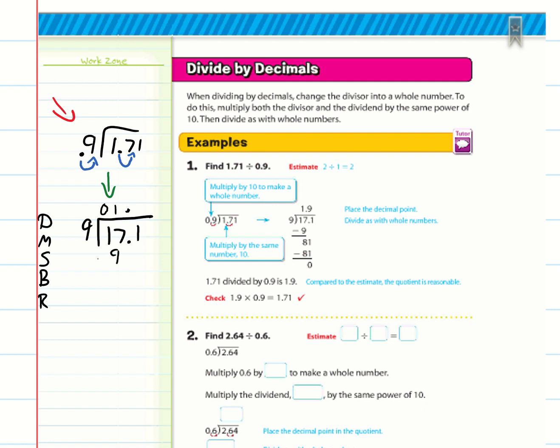Multiply. It's 9. Subtract. It's going to be 8. We're going to bring down the 1. And we're going to repeat. 9 goes into 81 9 times. 9 times 9 is 81. And now that we have 0 here, that means my answer is complete. So our answer is going to be 1 and 9/10.